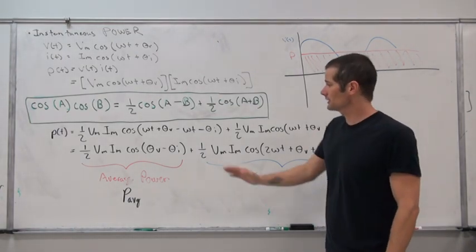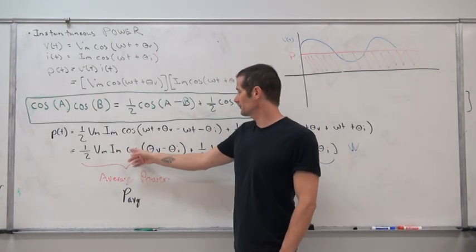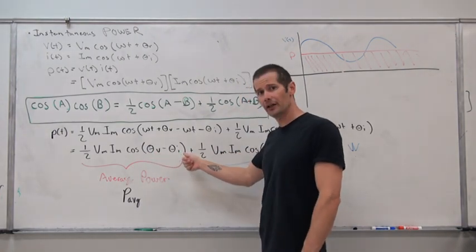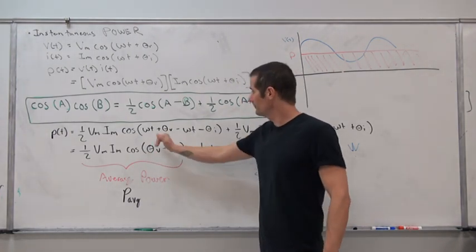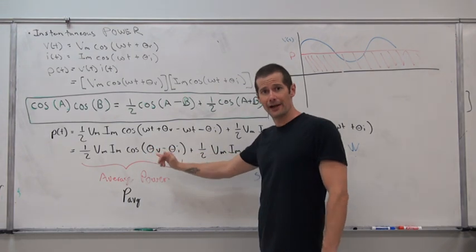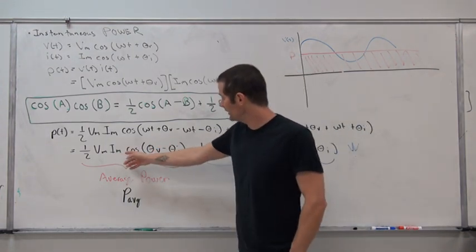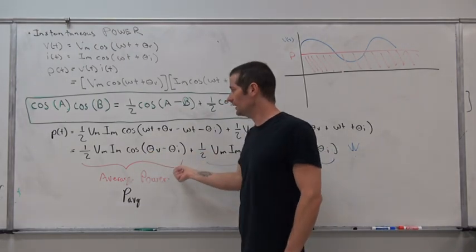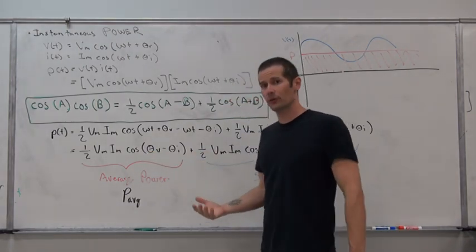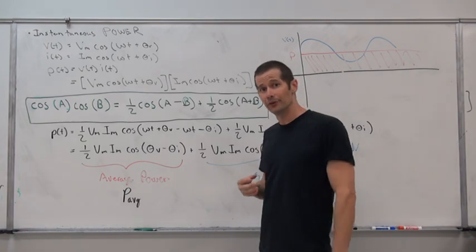So here, if we actually consider 1/2 VmIm cosine(θv − θi), what happened is that basically time got canceled out within this portion. And so essentially 1/2 VmIm cosine(θv − θi) is nothing more than a scalar value.